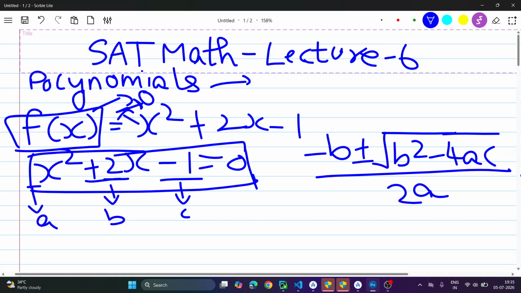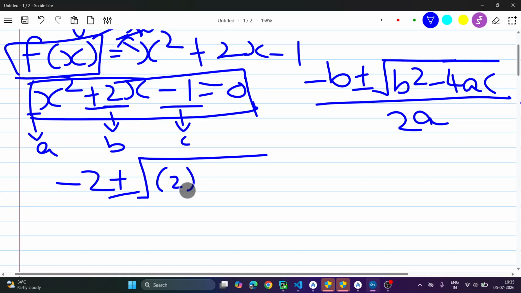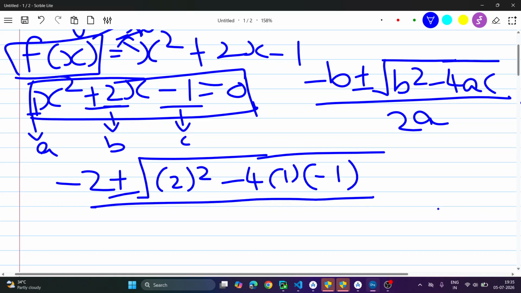Let's just substitute in the values. So this is equal to minus 2 plus or minus the square root of 2 squared minus 4 into 1 into minus 1, by 2 into 1.